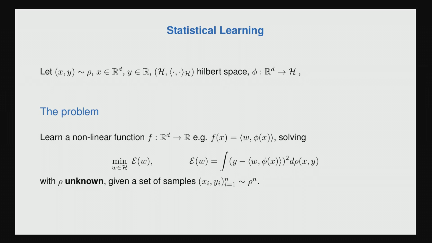Ideally, what I would like is to minimize what I was calling before test error, which is this quantity here, which is the distance between the function that I can learn and the labels over all possible points that I can generate by my probability distribution rho. Unfortunately, I cannot generate points at my pleasure because the probability rho is unknown, but I have just a set of n points.